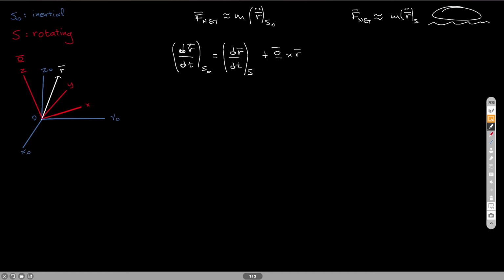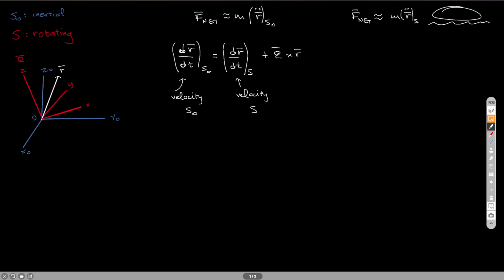Now, what is this? This is the velocity, but from the inertial frame of reference. This here is the velocity from the rotating frame of reference, and the two are not simply equal to each other. There is a component you have to add because your rotating frame of reference is rotating.